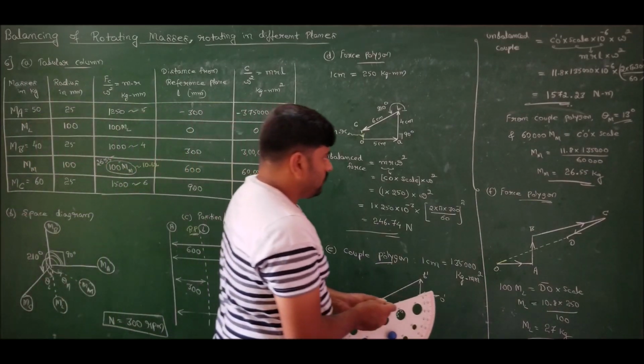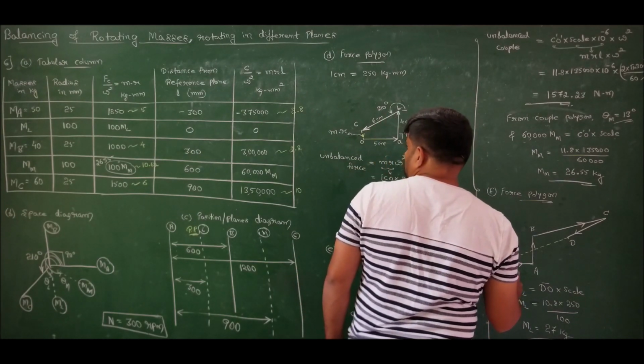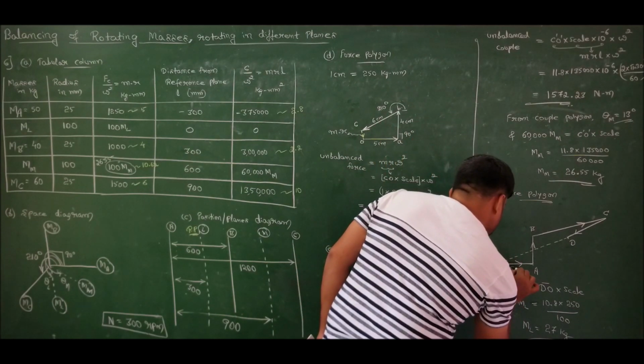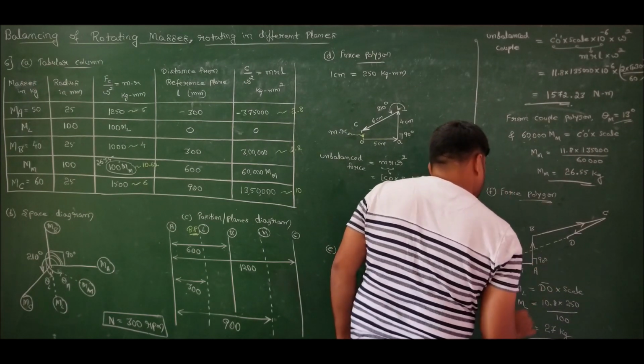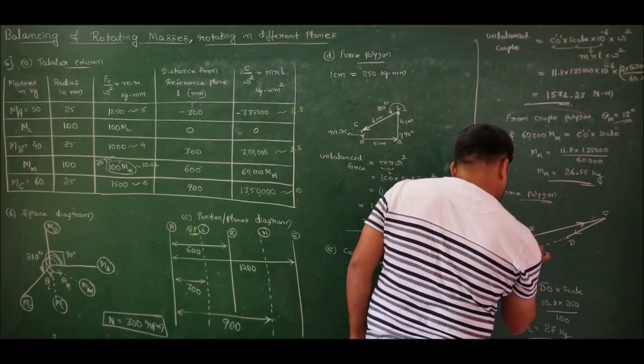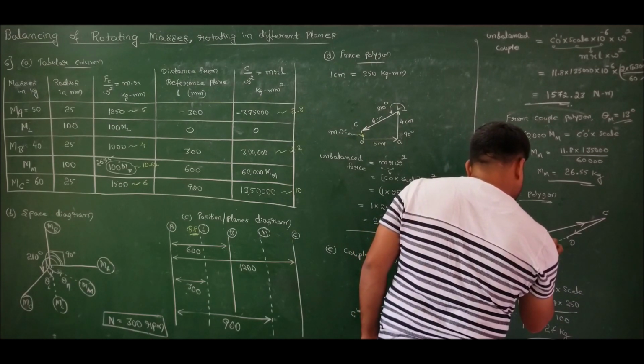Next, coming over to the final force polygon. This is the first one. OA is 5 centimeters. Next, the angle is 90 degrees, 4 centimeters. Next, the angle is 13 degrees.